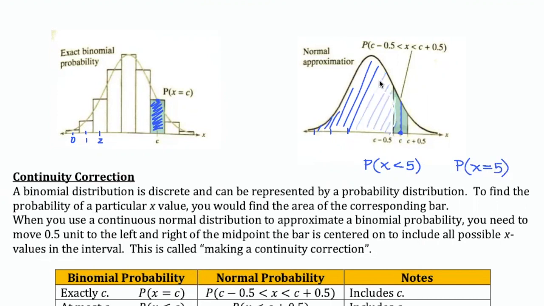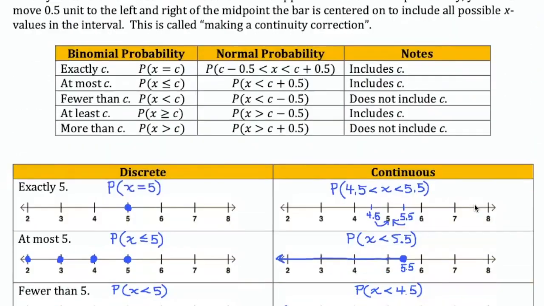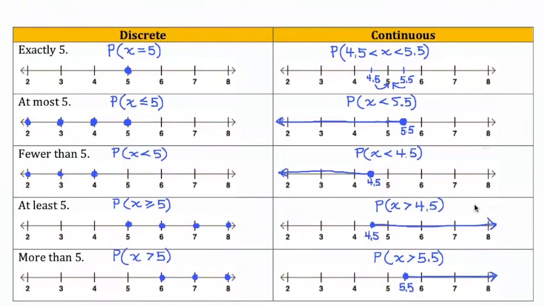I'm only looking at that moment when x equals 5. So there is no area. So in a normal distribution, that probability will always be 0. And that's why we don't worry about being equal to here, because being equal to a value is always just going to contribute a probability of 0 to the total, so we can just disregard it.